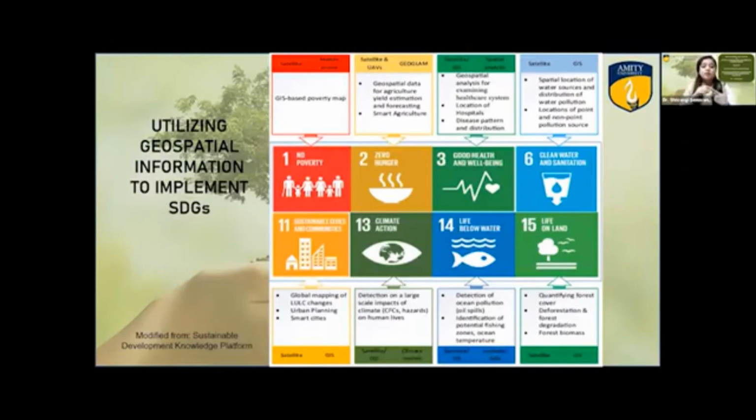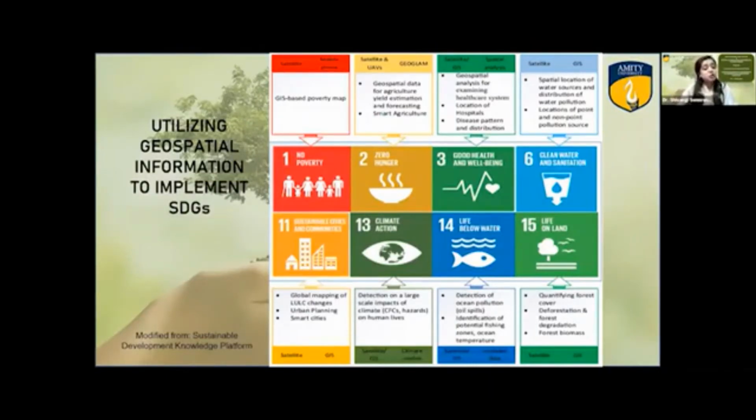With the help of satellites and UAVs, which are commonly known as drones nowadays, we can collect high resolution geospatial data, and it can be used for agricultural yield estimation and forecasting. Smart agriculture and precision farming can be a revolutionary solution for implementing SDG 2.